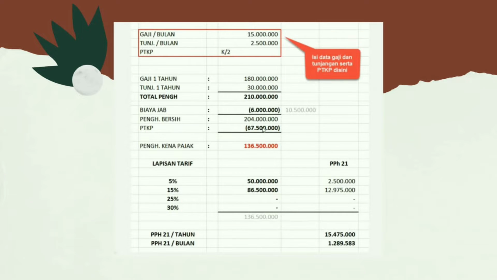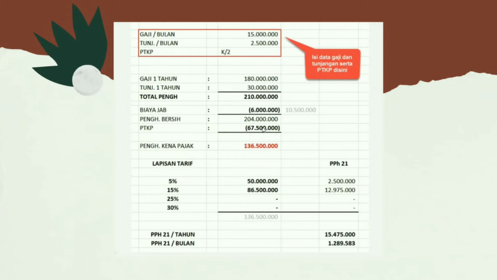The way to calculate it: the monthly salary is 15,000,000 rupiah, and the monthly allowance is 2,500,000. The status is married with two children, so it is rated as K2. To calculate Article 21 PPh, we must know the PPh 21 per year, so we have to calculate per year.